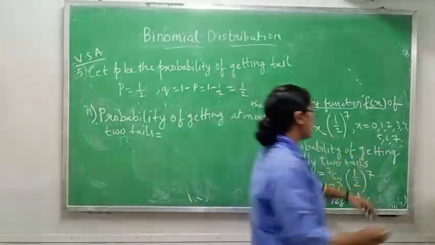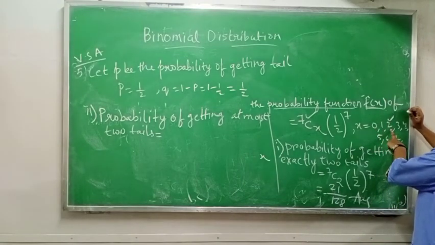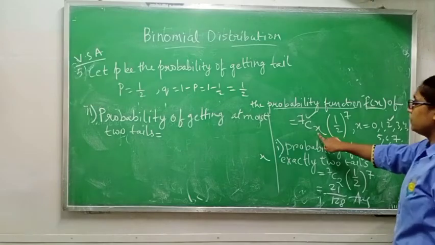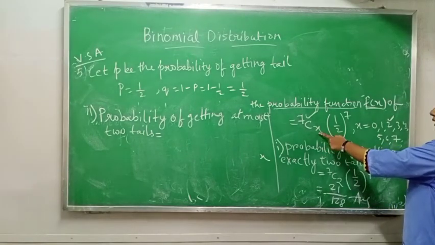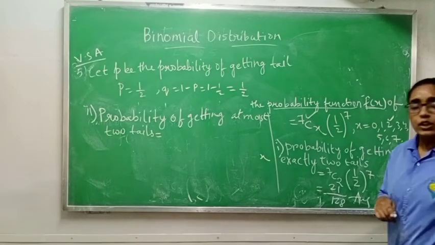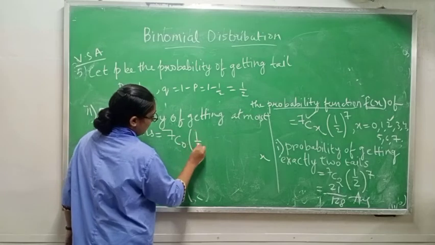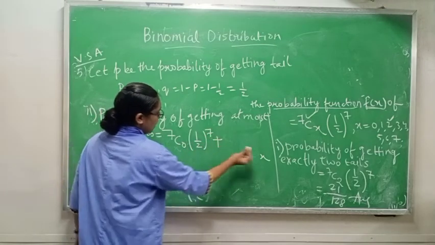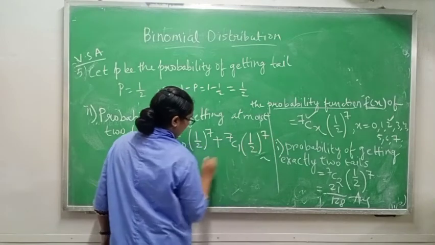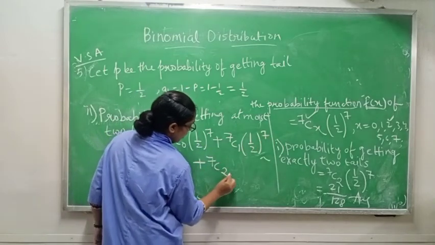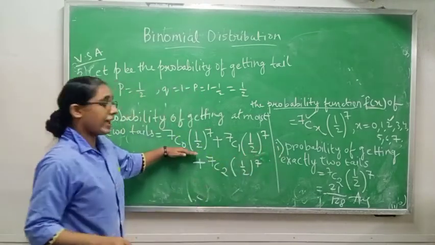At most means the x value goes to a maximum of 2. It can be 0, it can be 1, it can be 2, not more than 2. So in place of x, first you will write 0, then in place of x you will write 1, and then in place of x you will write 2. So what you will write? 7C0 (1/2)^7 plus 7C1 (1/2)^7 plus 7C2 (1/2)^7. This part will not change, only the x value will change.